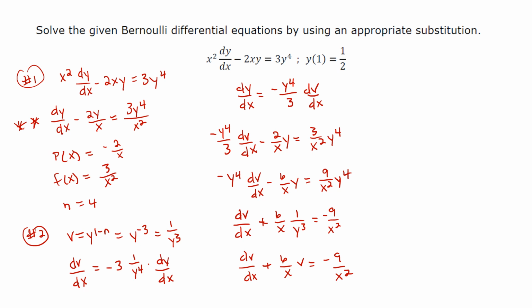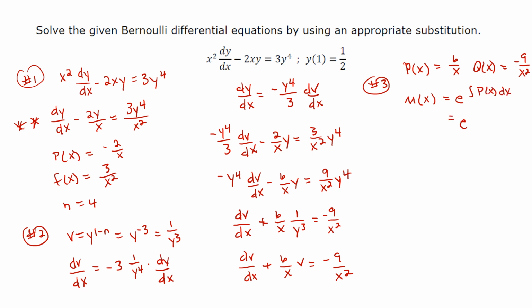So this is step number 3. We're going to solve the equation for v. So I'm going to find my integrating factor. My p of x is 6 over x. My q of x is negative 9 over x squared. So mu of x is e to the power integral of p of x dx.